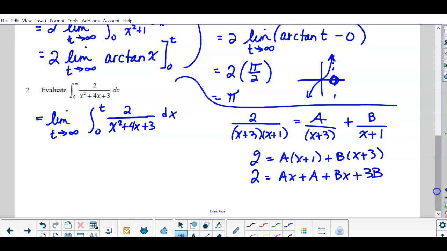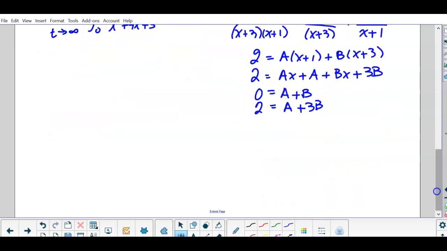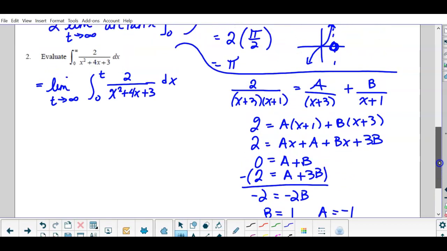All right, so now there are no x terms on the left, so 0 equals A plus B. The constant term is 2, that's going to be A plus 3B. Eliminate the A's, we get B equals 1, so A equals -1.